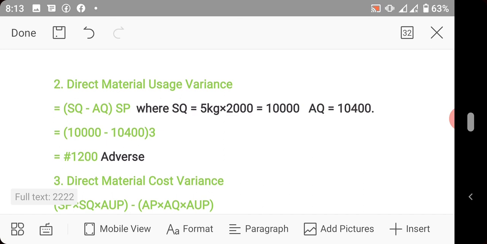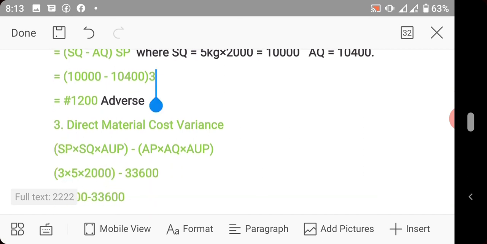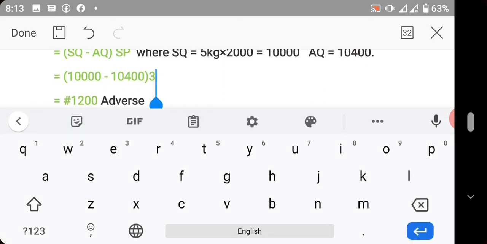So since we have actual of 2,000 units, the standard liters of material we use is 5 times 2,000, which will give us 10,000. Actual quantity is 10,400, given in the question. So you substitute: 10,000, which is the standard quantity, minus 10,400, times 3. This will give us 1,200 adverse.